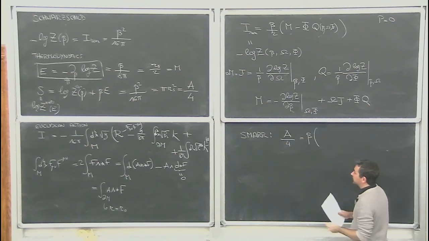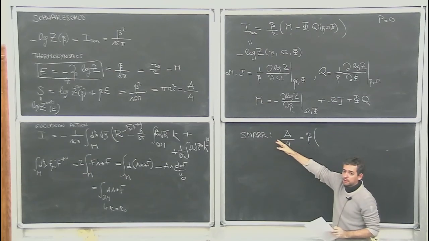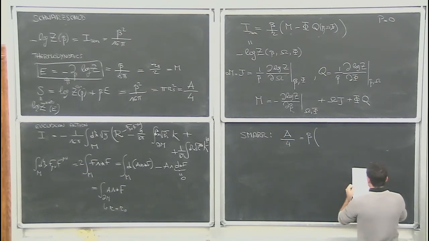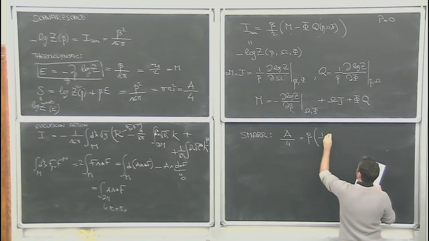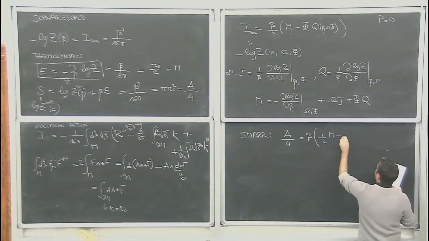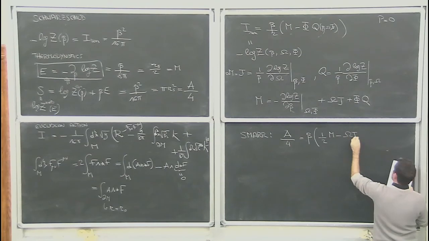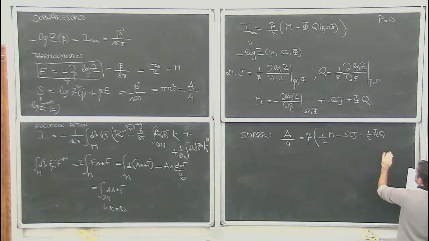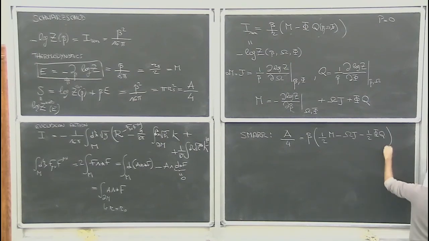We saw the Smarr relation with kappa. Now we have understood that kappa and beta are related, so now I write it in terms of beta. And there was 1/2 of M minus omega J minus 1/2 of the contribution from the charge, which we didn't really prove, but it was left as an exercise.